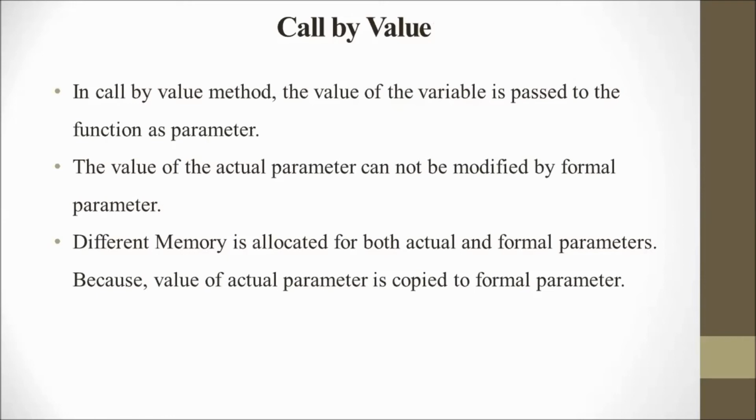The last point is that different memory is allocated for the actual and formal parameters, because the value of the actual parameter is copied to the formal parameter. So in call by value, we use different memory locations for actual parameters and formal parameters.